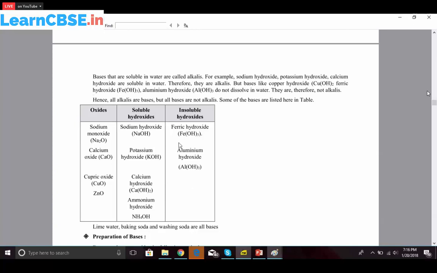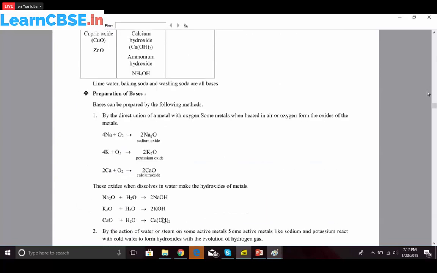Aluminum hydroxide, Al(OH)3, is insoluble in water. Cupric oxide, CuO, forms Cu(OH)2, and ZnO. ZnO is actually an amphoteric oxide, which can easily react and form Zn(OH)2. Calcium hydroxide and ammonium hydroxide are examples of soluble hydroxides. Lime water, baking soda and washing soda are all bases.